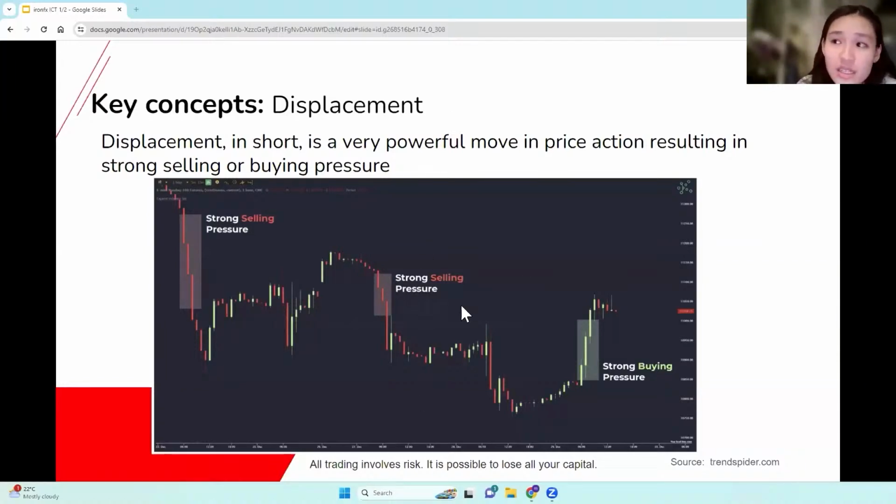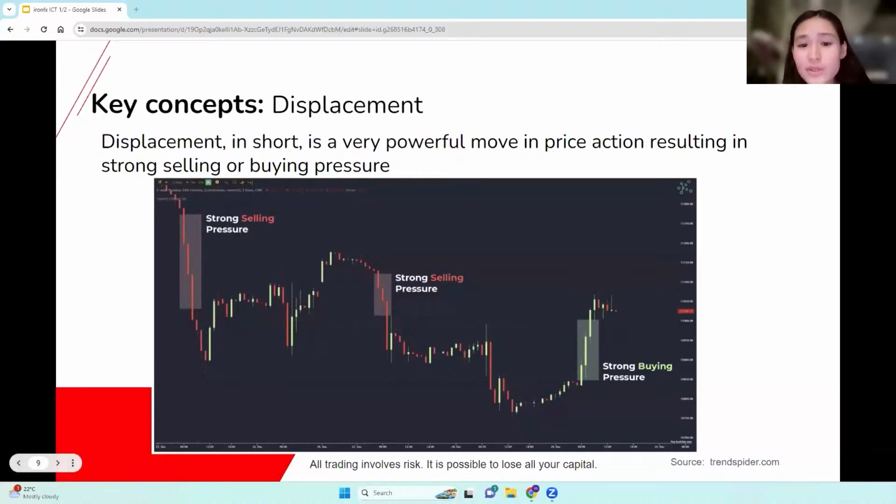You can see in the image here, your strong selling pressure would look like these candlesticks, which have large real bodies and very short wicks, and that suggests there is very little disagreement between buyers and sellers. And if we are looking at strong buying pressure, like the one we see over here, similarly, the body of the candlestick is long, whereas the candle wicks are pretty short.